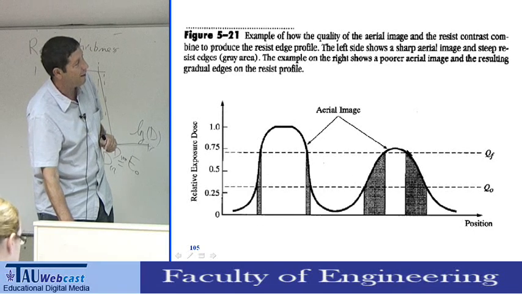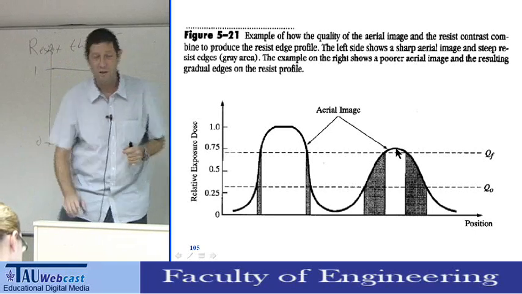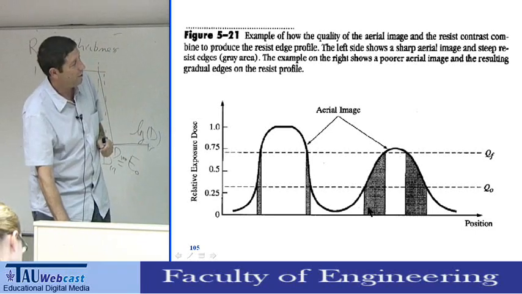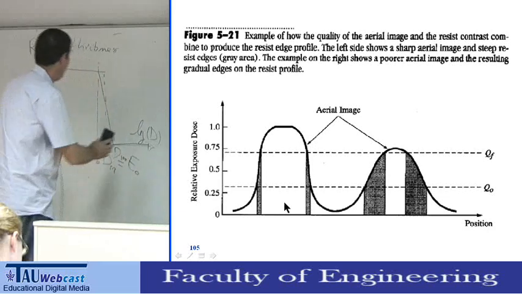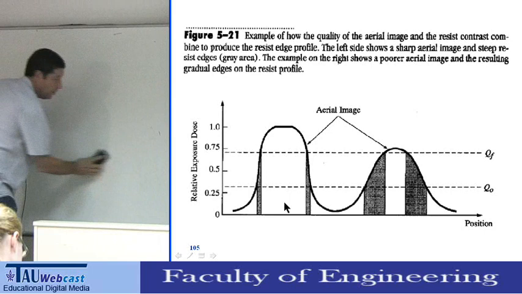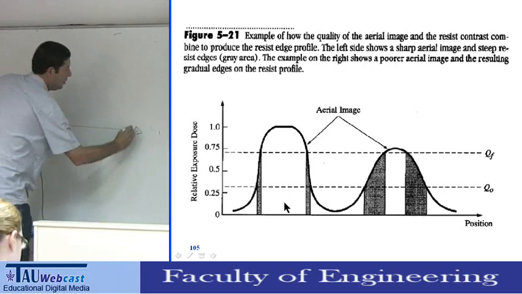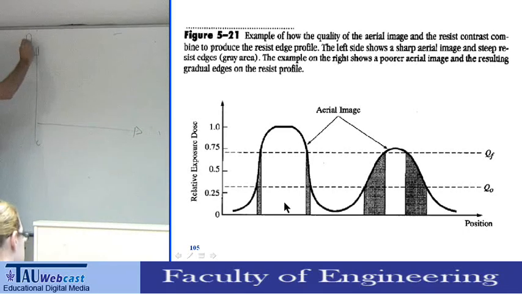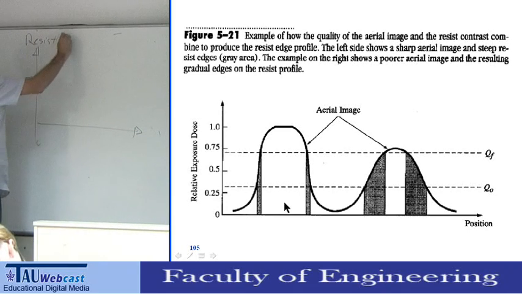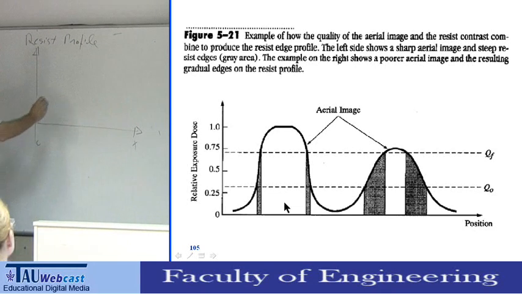Now let's say we have a bad image. In this image, the maximum light intensity is lower because of diffraction. This will affect the quality of the light. If I plot now the shape of the photoresist, approximately, in the left image, the resist profile as a function of x, the left line will probably look like this.